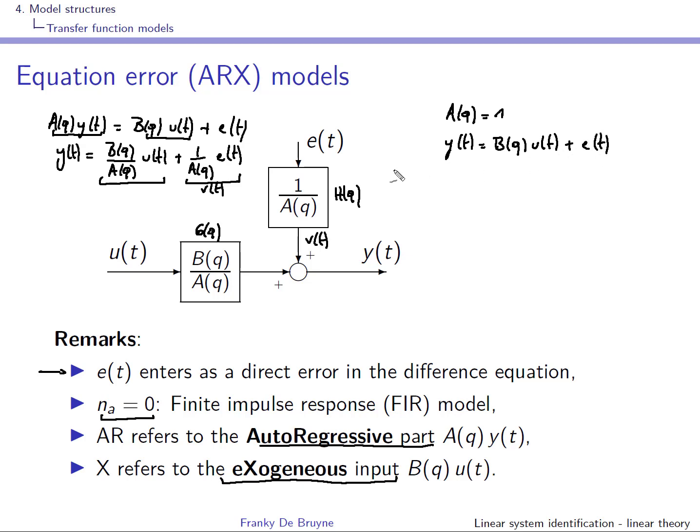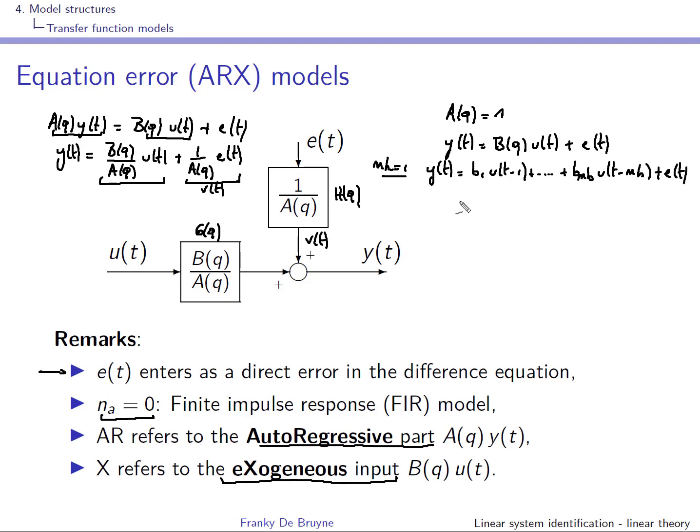B(q) u(t) plus e(t). So we'll assume here that nk is equal to 1 for simplicity, and then we can write y(t) as, well, b1 u(t minus 1) plus lots of terms up to bnb u(t minus nb) plus e(t).